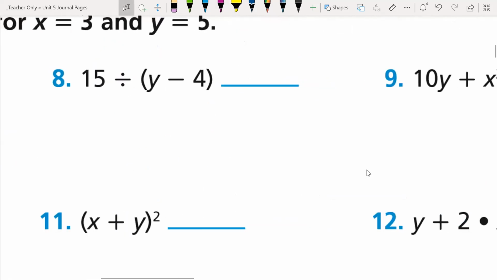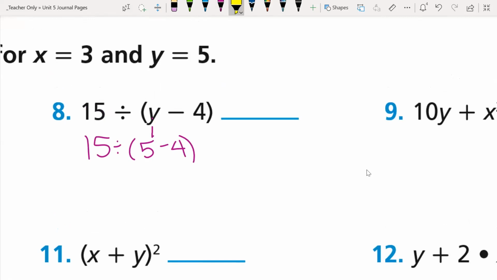Moving on. 15 divided by y minus 4. I'm going to solve what's inside of my parenthesis. Well, first I need to rewrite this to make sense. 15 divided by 5 minus 4. Right? And I know that this y is 5 because it tells me right here that y is equal to 5, right?